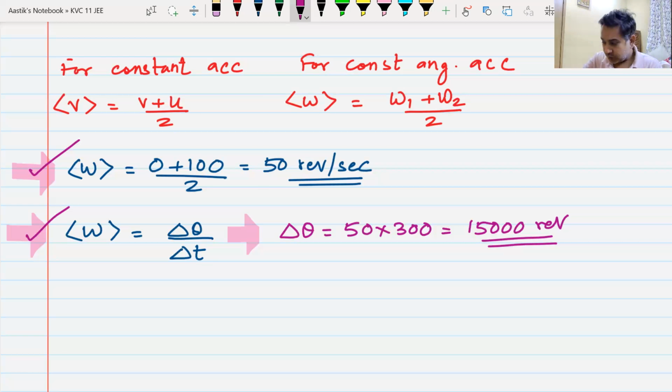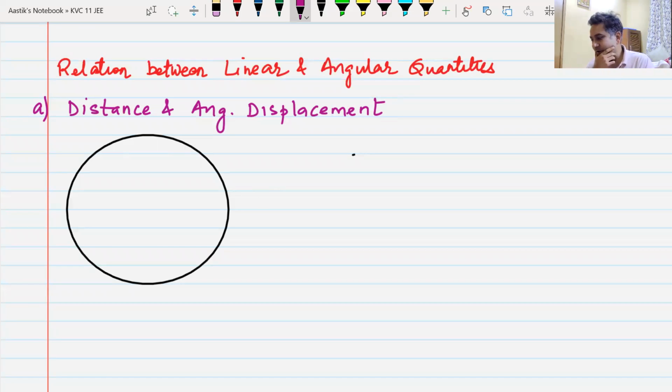Okay. So now the next heading is relation between linear and angular quantities. The first relation that we are going to see is between distance and the angular displacement.